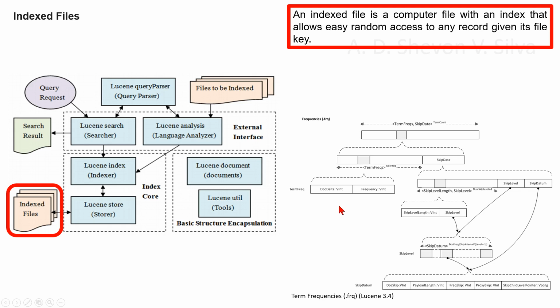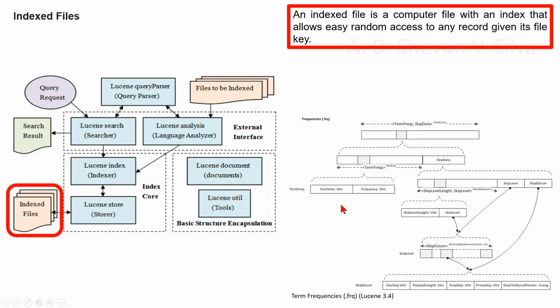For the second term, since the frequency is more than 1, we use a separate vint to store the frequency. Doc ID delta equals 4, in binary 00000100. Since we want to show that the following int is for frequency and not another doc ID, we need to make the last bit 0.